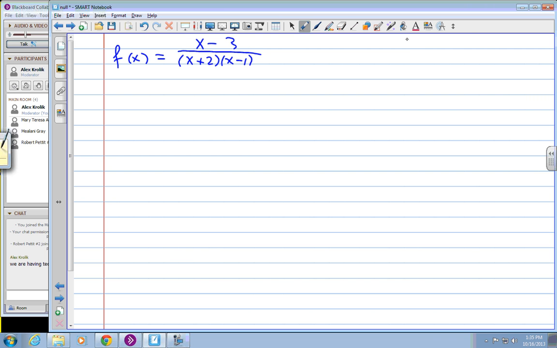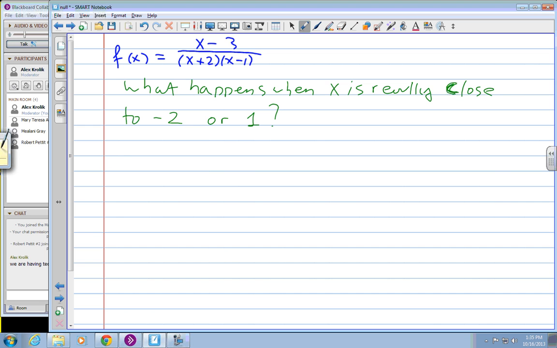So the question is, what happens when x is really close to negative 2 or positive 1? Okay?